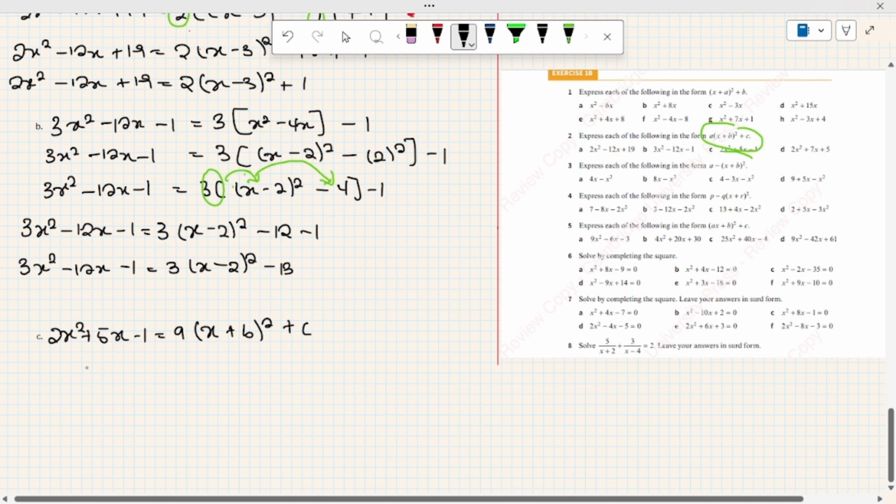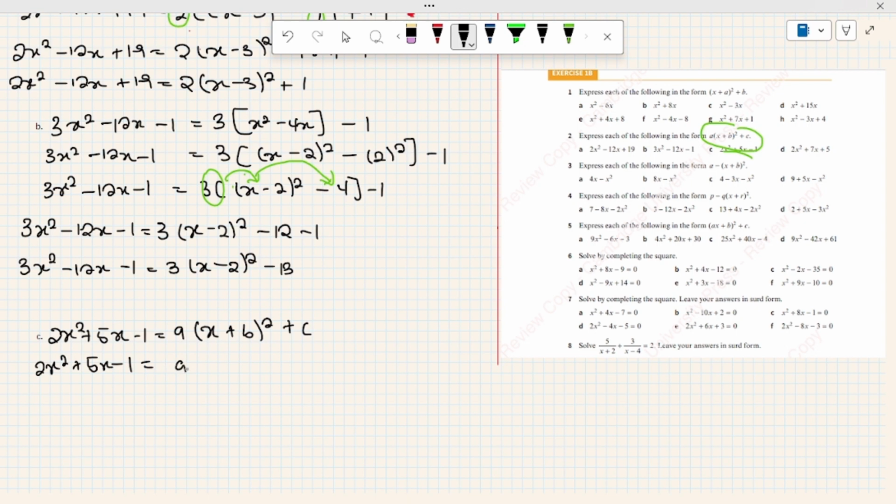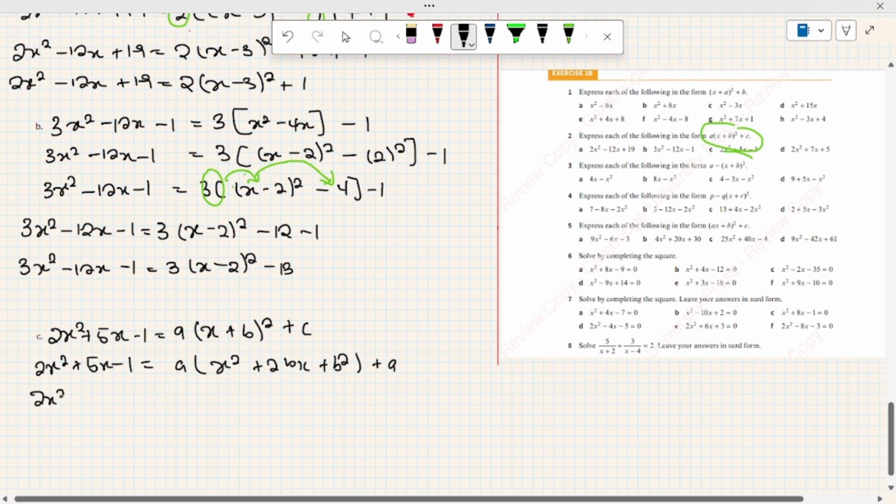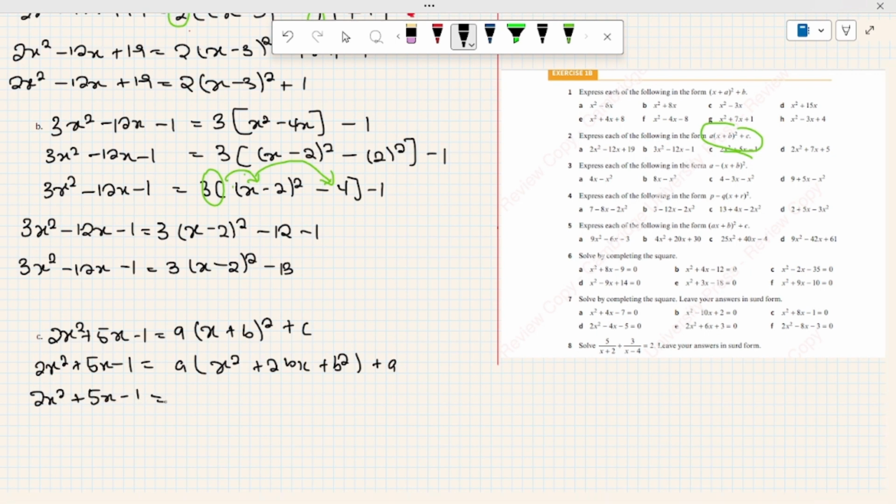So how are we gonna go about that? So it's gonna be 2x squared plus 5x minus 1 is equal to, how we're gonna expand the bracket is, it's gonna be x squared plus 2bx plus b squared, right, plus c. So it's gonna be 2x squared plus 5x minus 1 is equal to what?